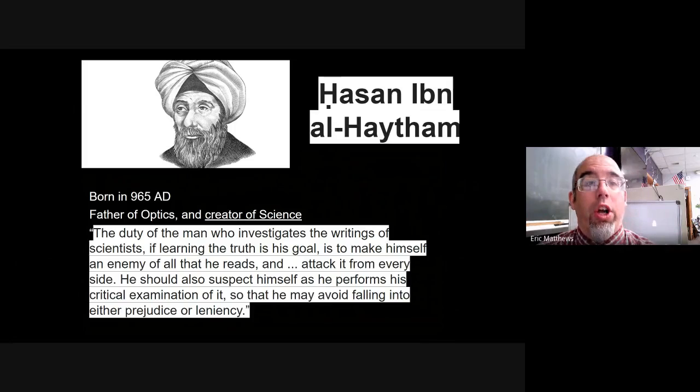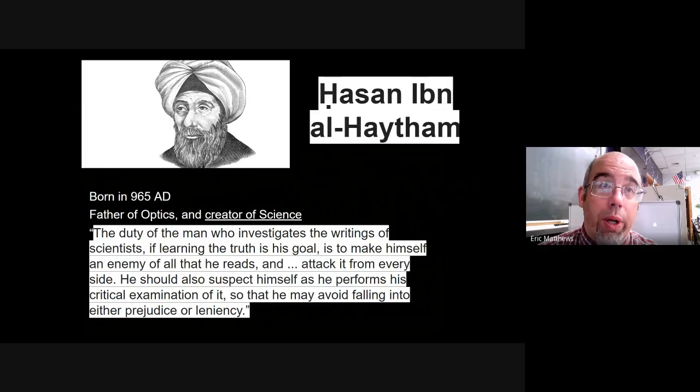His quote here: the duty of the man who investigates the writing of scientists, if learning the truth is his goal, is to make himself an enemy of all that he reads and attack it from every side. He should also suspect himself as he performs his critical examination of it so that he may avoid falling into either prejudice or leniency. Basically making sure, is the science good?